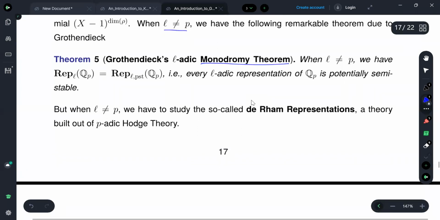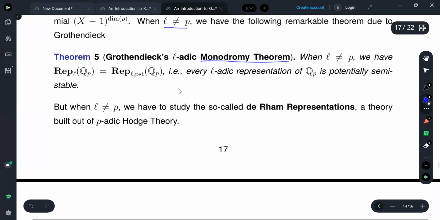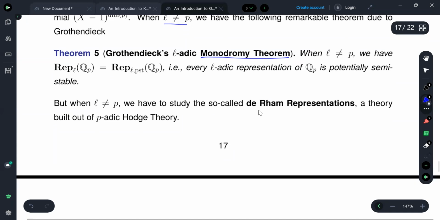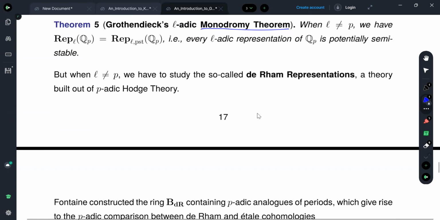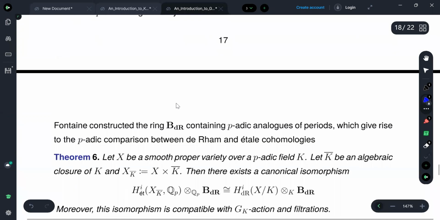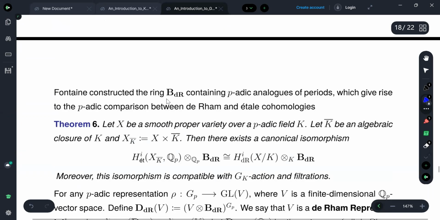And when L is not equal to P, this is not true. So then we have to define what are called the de Rham representations. For this, Fontaine defined the ring BDR of p-adic periods, which are analogs of complex periods.